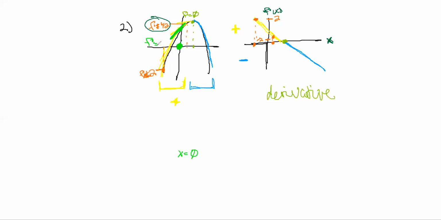F prime here is equal to 3/4. So my point, x f prime of x, would be 0, 3/4. And so I go here and I say, okay, so my x value is 0, my y value is 3/4. So I go 0 over and I go 3/4 up. And so this point is 0, 3/4. So whatever this f prime is, it gets put onto the y-axis here.